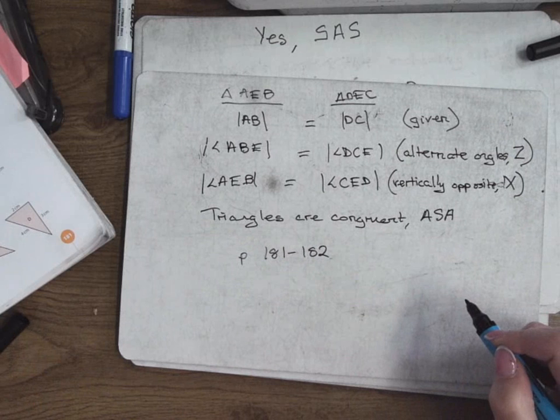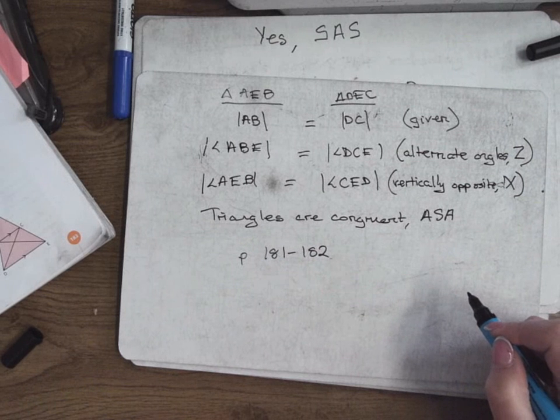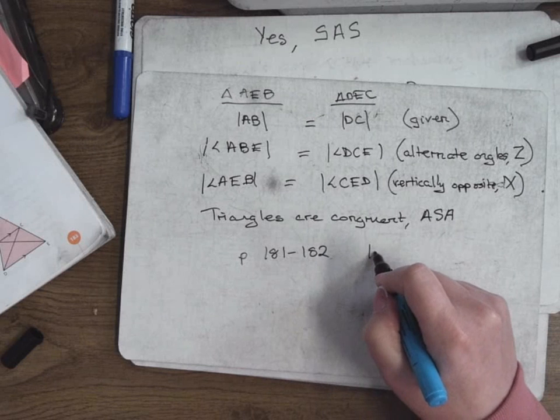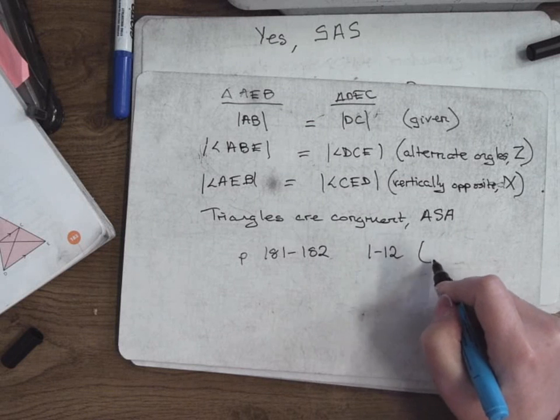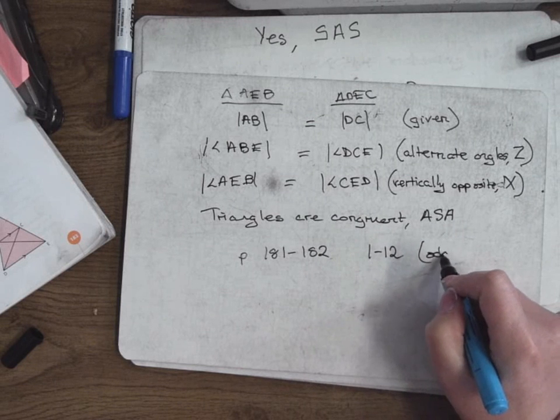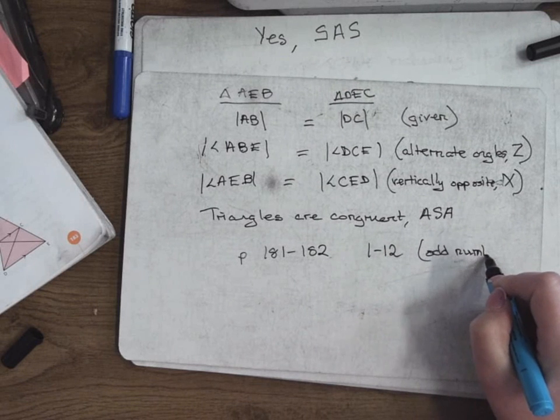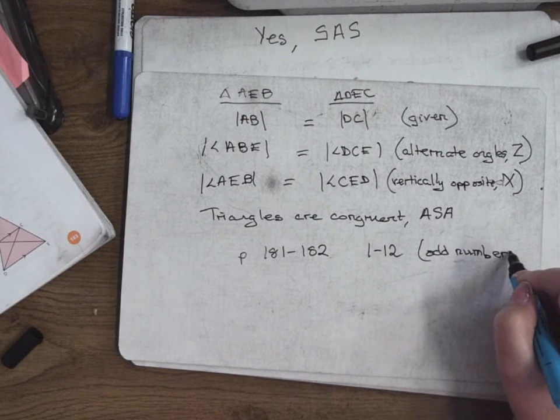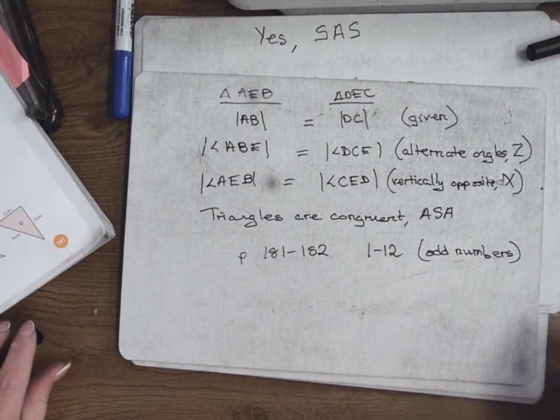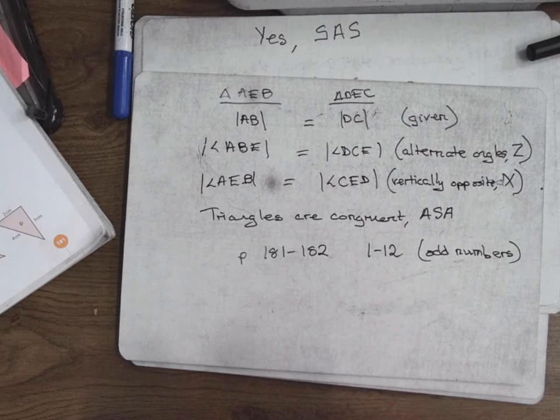Let's do 1 to 12, but let's just do the odd numbers. Okay, so 1 to 12, but only do the odd numbers. So 1, 3, 5, 7, I shouldn't have to tell you, but it's 1, 3, 5, 7, 9, 11, yeah?